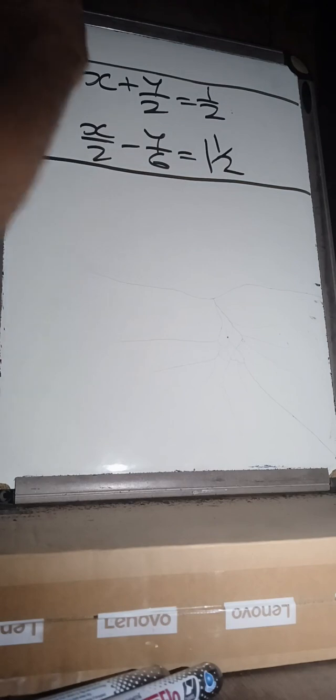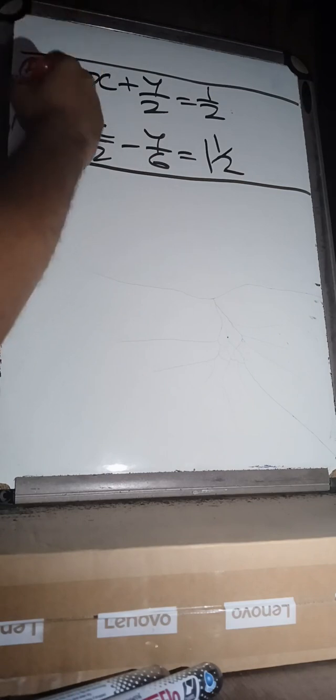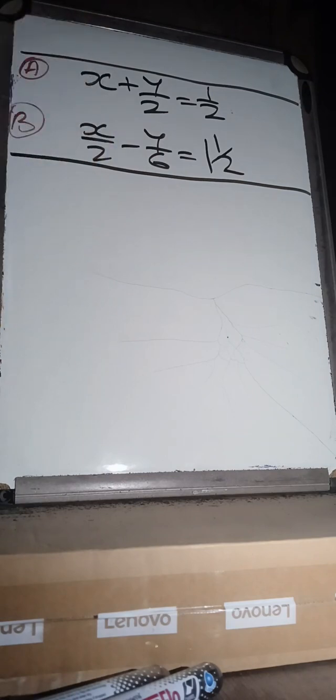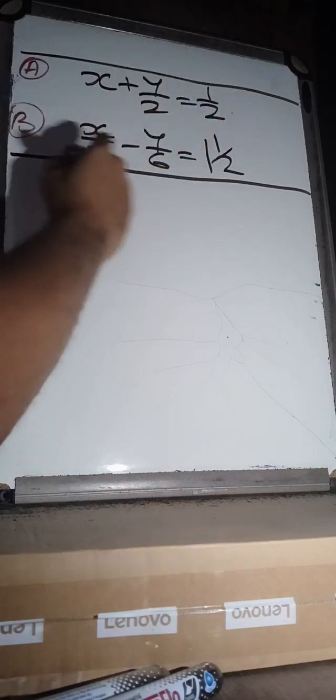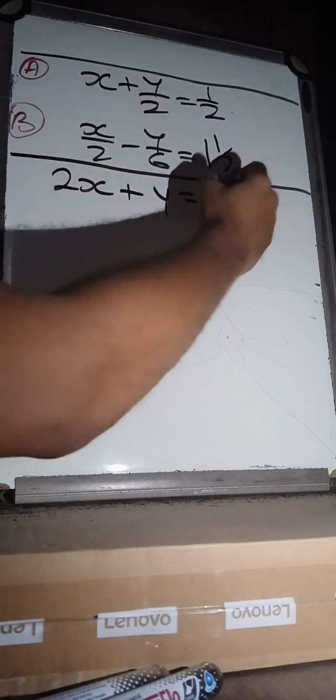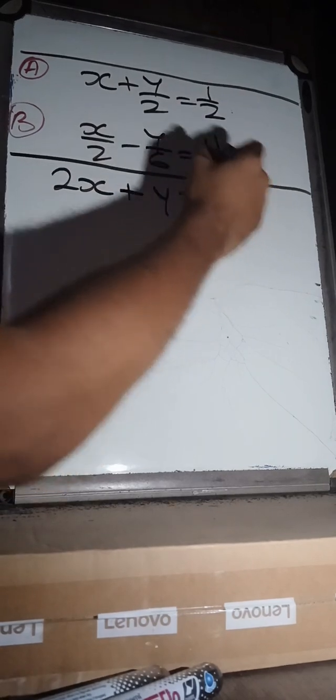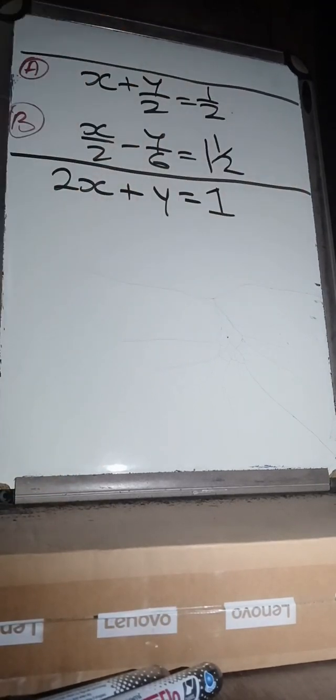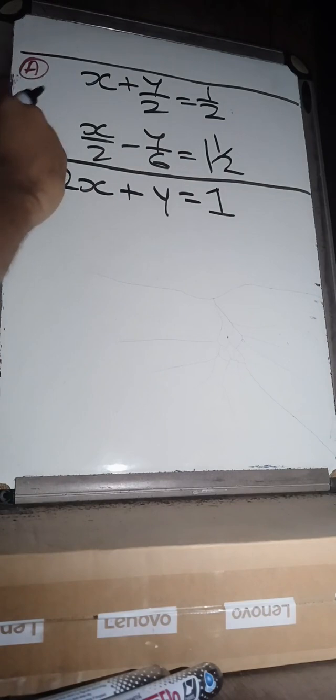So we have a line A and a line B. The top one is easy. Multiply everything by 2. So you'll have 2x plus y over 2 times 2 is just y. 2 times 1 over 2 is just 1. So we have sorted out the first line.